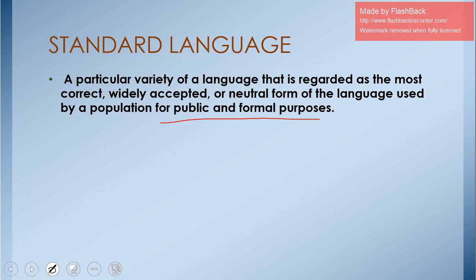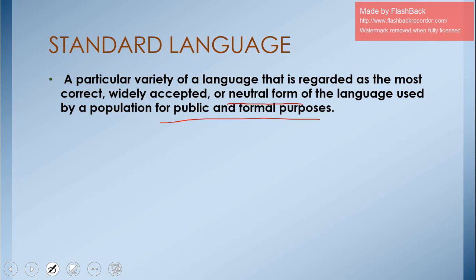It is considered to be the correct language, widely accepted by the citizens, or a neutral form which we cannot associate with a certain group, a certain profession or a certain social class. It is a language of everyone for public and formal environments, education, media, etc.